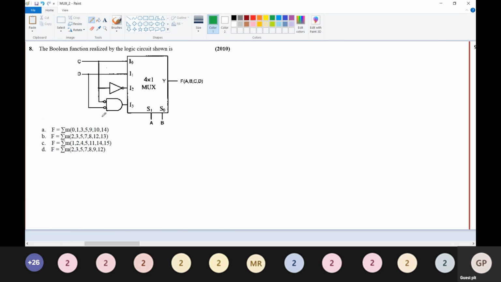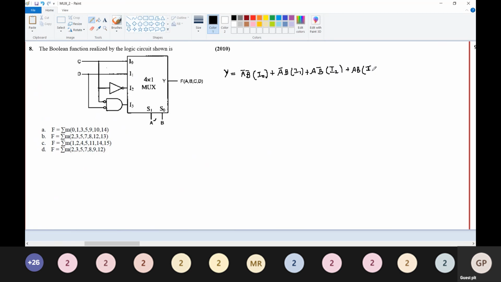In general, output Y is equal to, the selection lines here are A and B, so it is A dash B dash into I naught plus A dash B into I1 plus A B dash into I2 plus A B into I3.